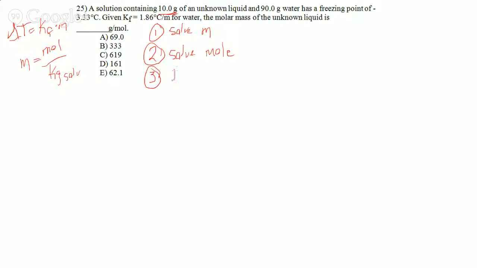So the last step would be the 10 grams divided by however many moles you found, and that'll be the GFM. All right, so 1. Solve for molality. Molality is going to equal delta T over Kf.